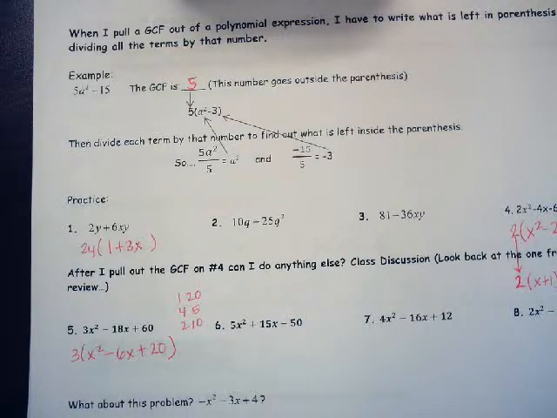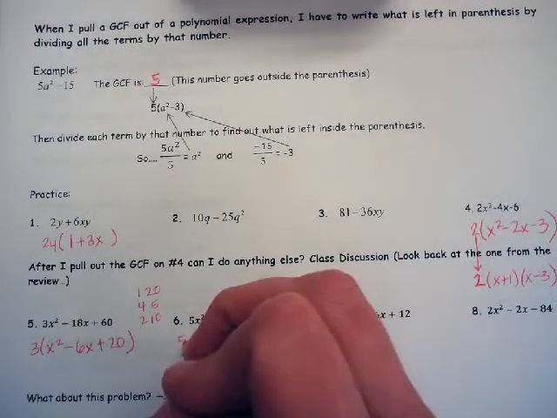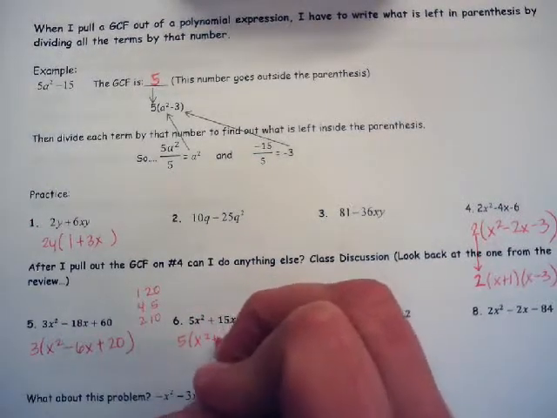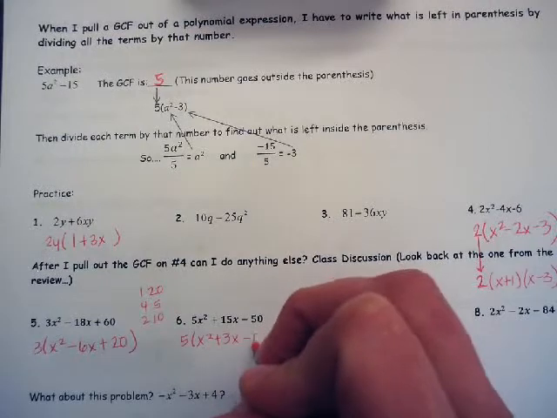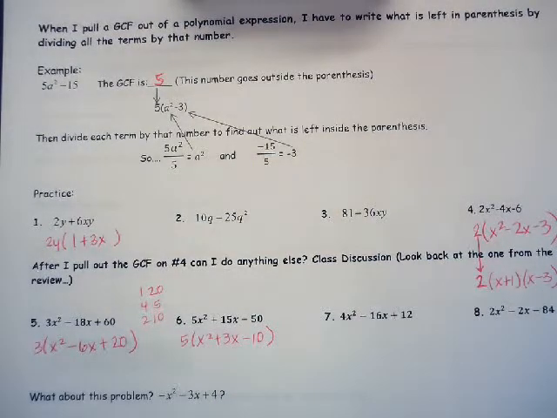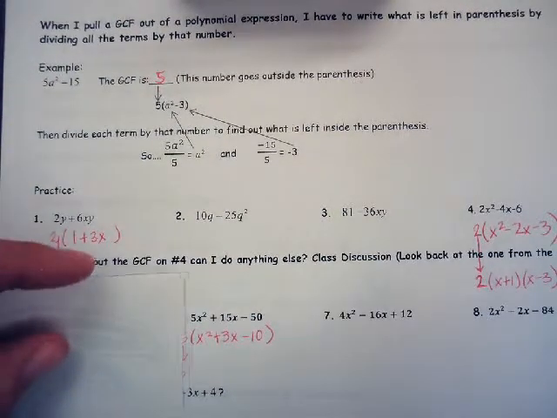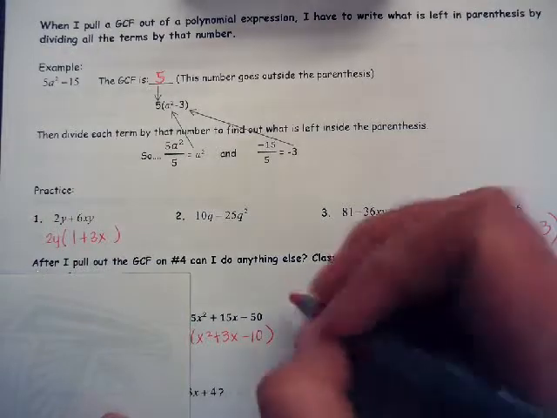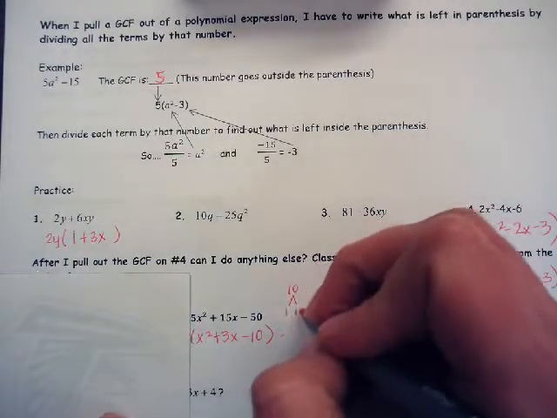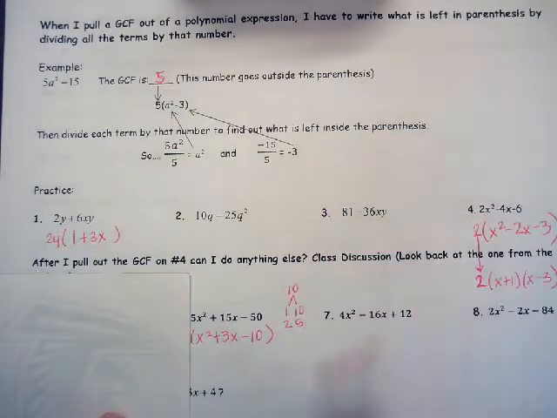Let's try number 6. So pull out a 5, and I'm left with x squared plus 3x minus 10. Now this one I've seen before. I'm going to take my little friend, put him or her down there, and then I have 10. So 1 and 10, 2 and 5. How am I going to get positive 3? I'm going to take 5 minus 2.